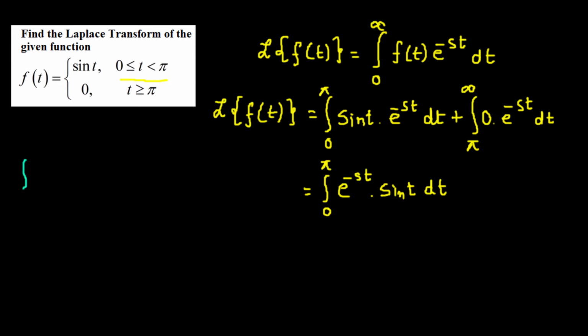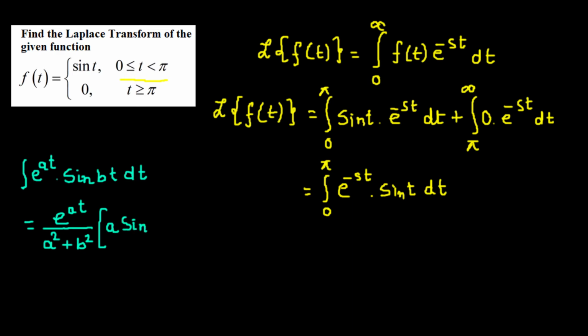If we have the integral of e raised to the power of at times sine bt dt, this is an indefinite integral, so the value will be e raised to the power of at divided by a squared plus b squared, multiplied by a sine bt minus b cosine of bt, plus c.